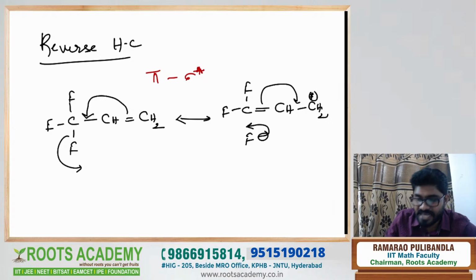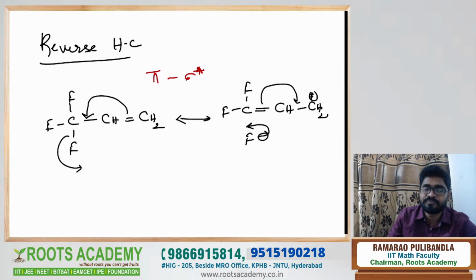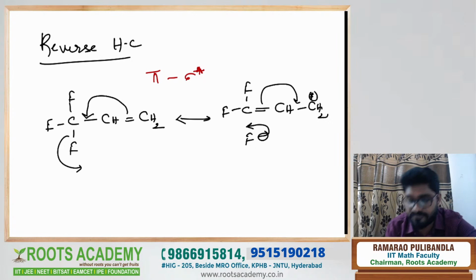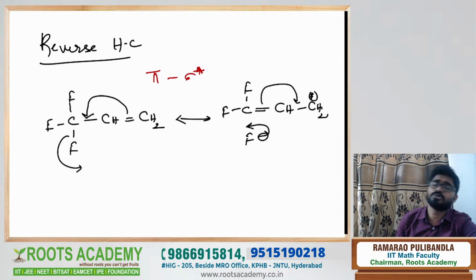Now we can have applications regarding this. We can say, guys, whichever has more number of hyperconjugations is more stable, because to get more hyperconjugations, electrons participate in the resonance more number of times. Because of resonance more number of times, it is going to lose more energy, more transfer of electrons. Further, it is going to lose more energy. Because of that, it will get more stability.